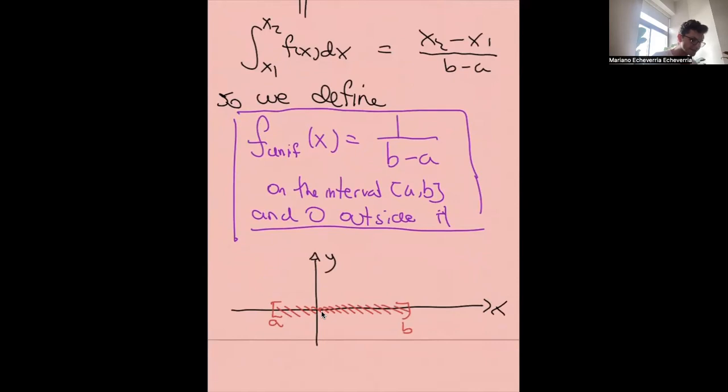The uniform distribution graph is just like the equation of a horizontal line between a and b, with value 1 over b minus a, and it drops to 0 outside of it. It's like saying that the probability for the particle to be outside the walls is exactly 0. So this is a graph of f uniform.